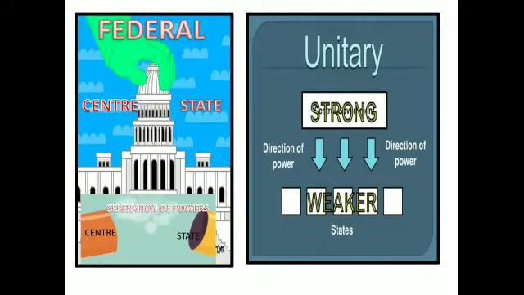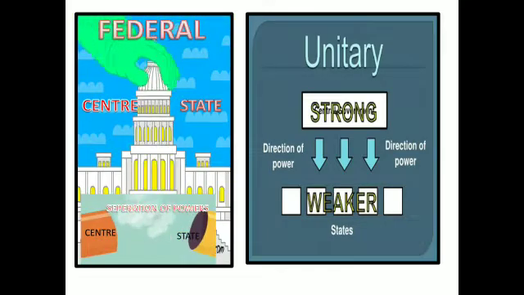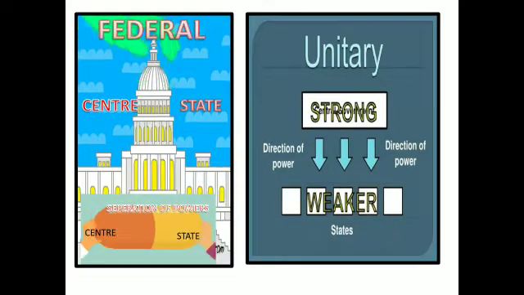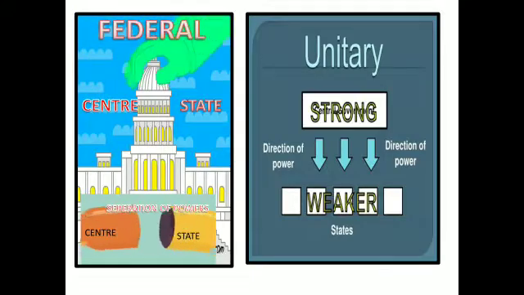Let us understand what is unitary, federal, as well as quasi federal. In the federal system, the powers are divided between the central government as well as the state government.